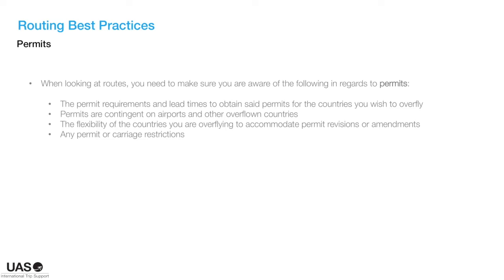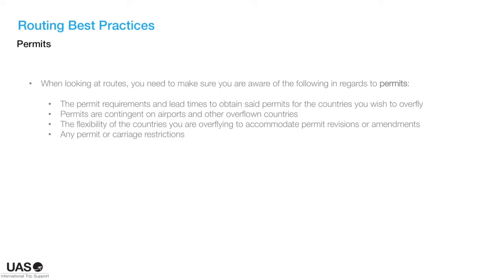You also need to make sure that you understand that permits are contingent on the airports and the overflown countries along your route of flight. There are a number of countries that won't offer permits or approve permits for aircraft departing from or landing at certain airports, as well as some countries that are being overflown along your route.